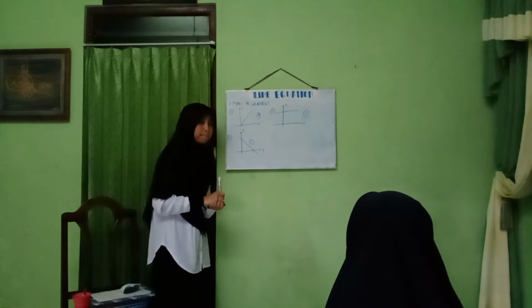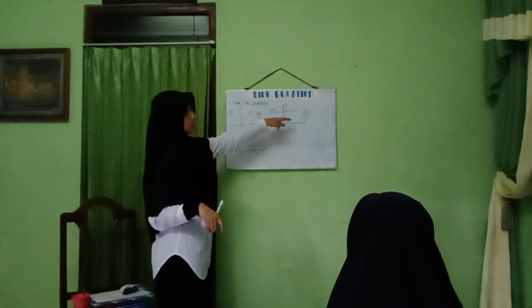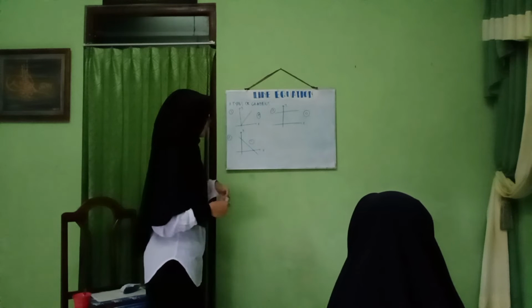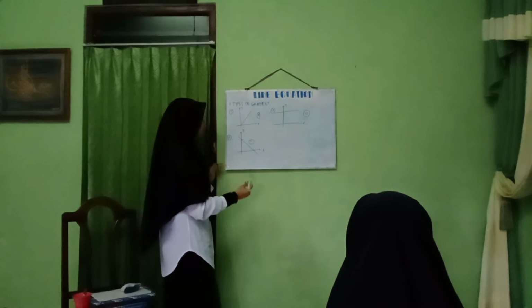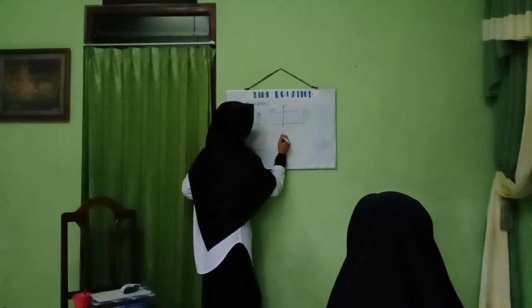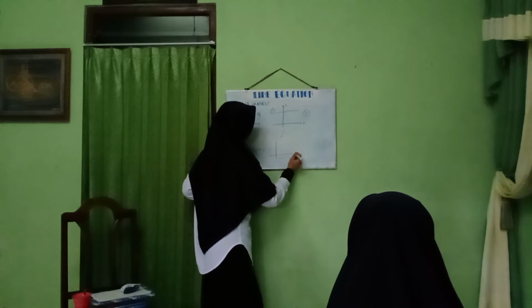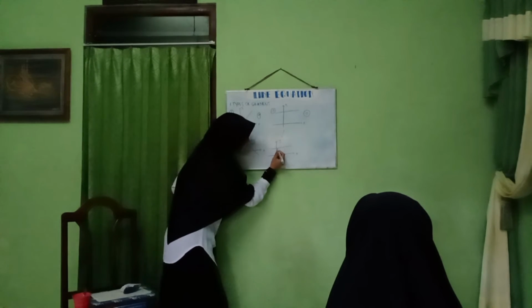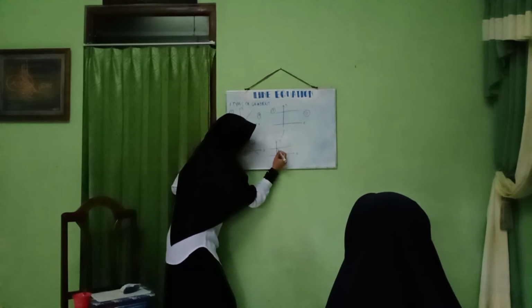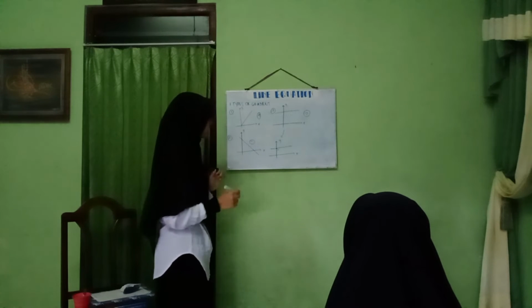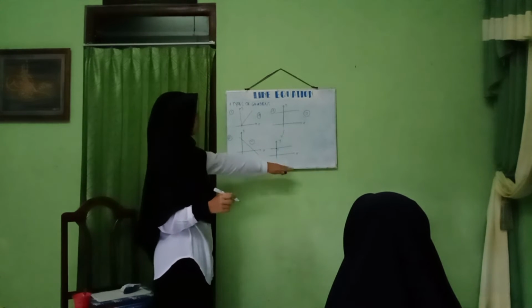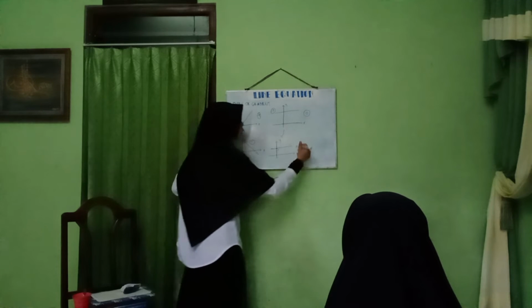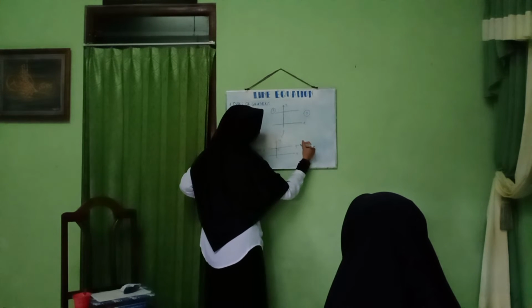Why is it 0? Oh, you want to ask about this? Yes. Why is the gradient 0? Okay. I redraw this. This is x, this is y, and suppose this is 2. Here is 2. So we know that the equation of this line is y equals 2.